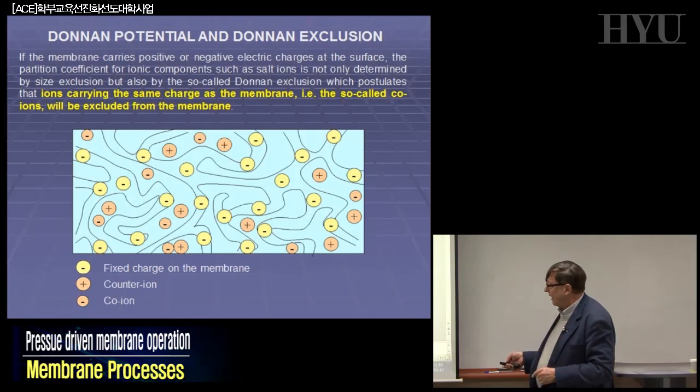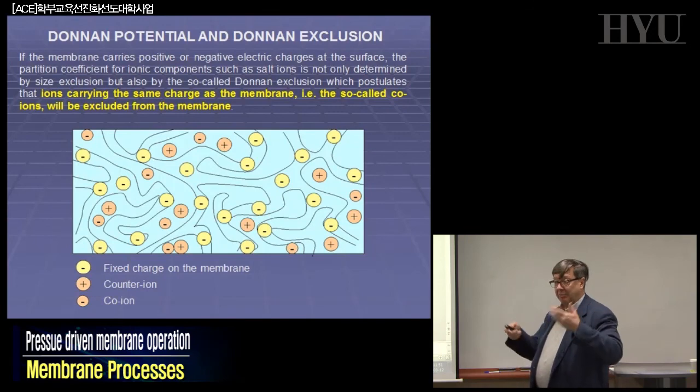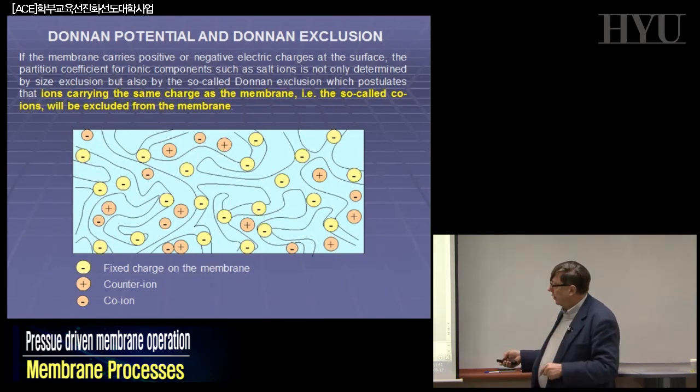Some of them have the same charge as the fixed ones, and we call them co-ions. Some others have a charge different from the fixed ones, and we call them counter-ions. Now, the number of counter-ions in this system has to be equal to the number of the fixed ions, respecting not only the mass balance but electroneutrality. So for each negative fixed charge, we need one positive mobile.